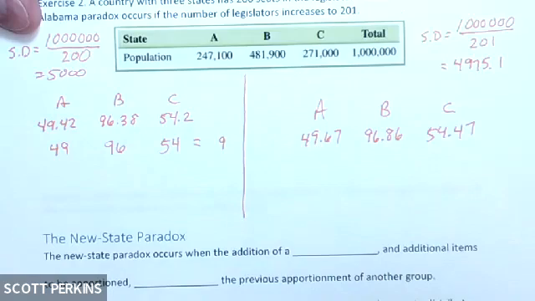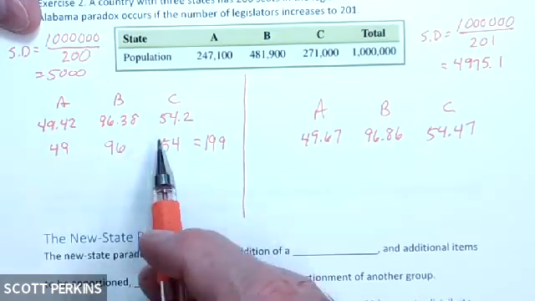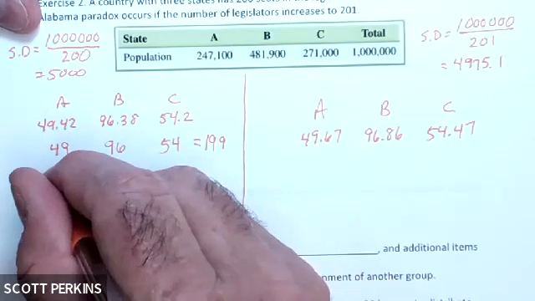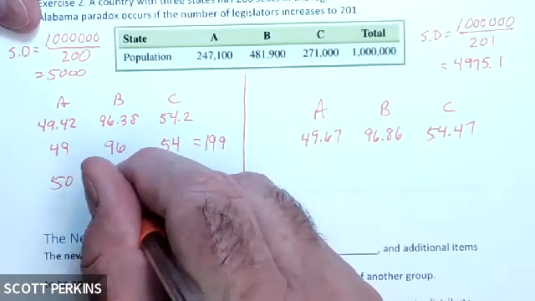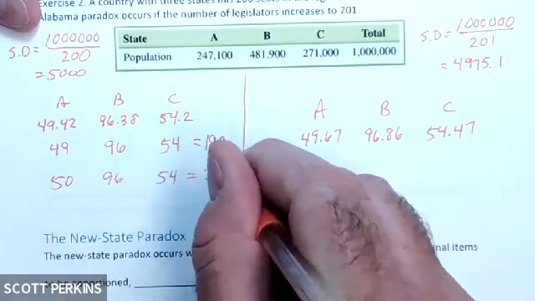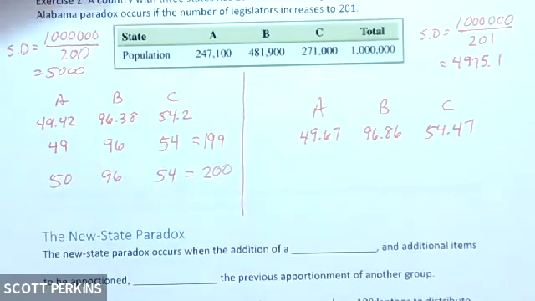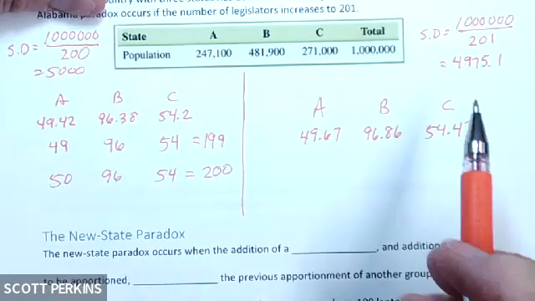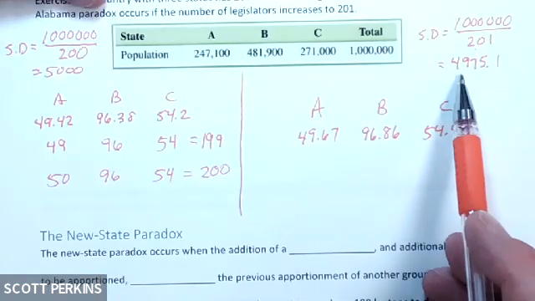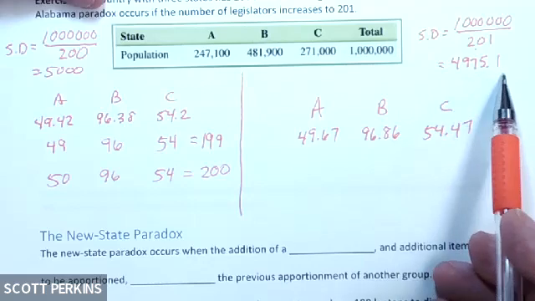What was that? 199. Thank you very much. So I have to add one more, and that one more gets added to state A because it has the largest decimal. So state A becomes 50, B is 96, C is 54, and that is my 200 legislators, and boom, there's my apportionment. When I increase the number of representatives to 201, my standard divisor becomes 4975.1.